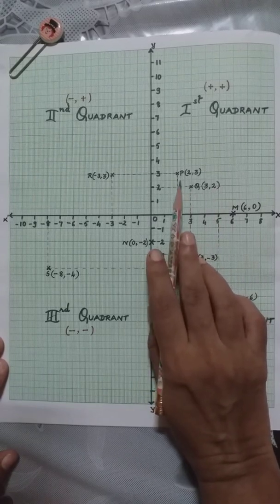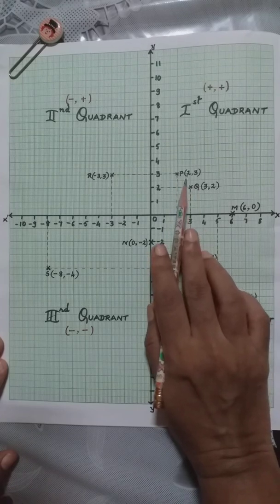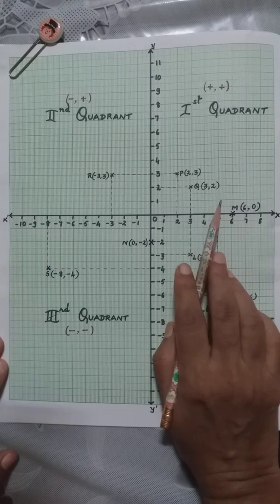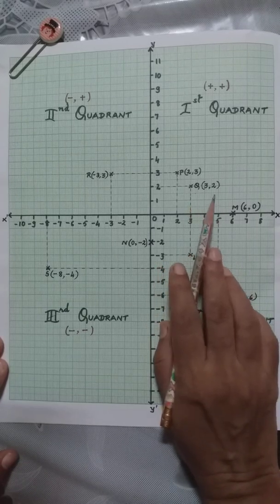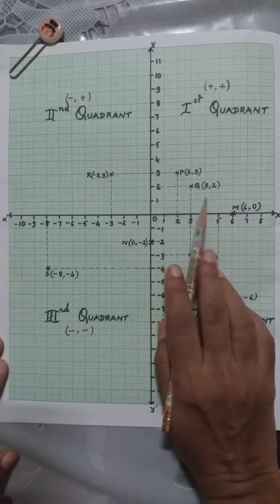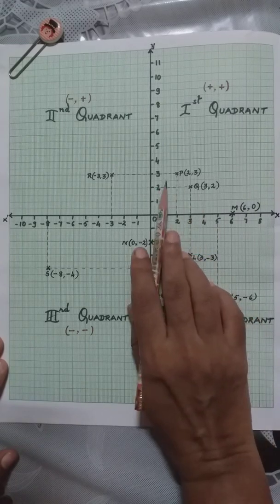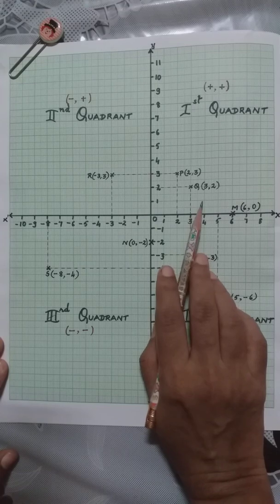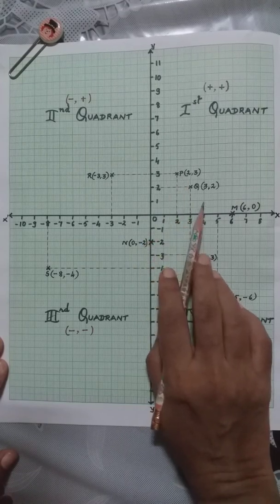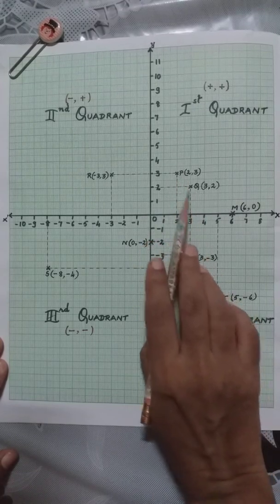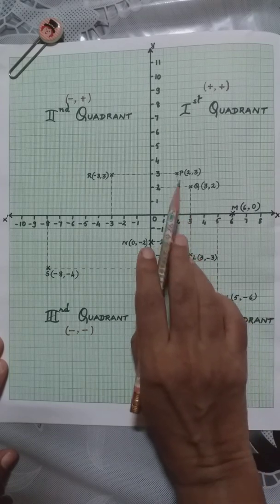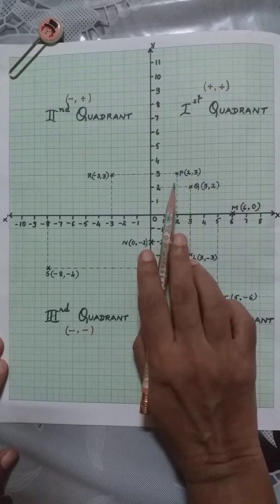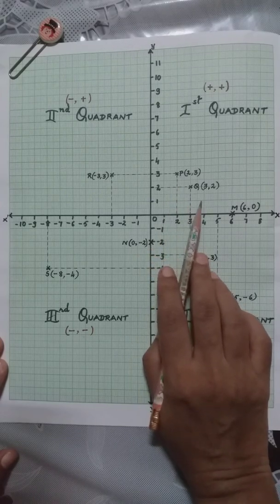So you see here, though the coordinates of P are (2, 3) and Q are (3, 2), if we just think 3, 2 and 2, 3, we may feel it is the same. But can you see that these 2 points are 2 distinct points? When I say distinct, they are 2 points which are different from each other. It is not representing the same point.